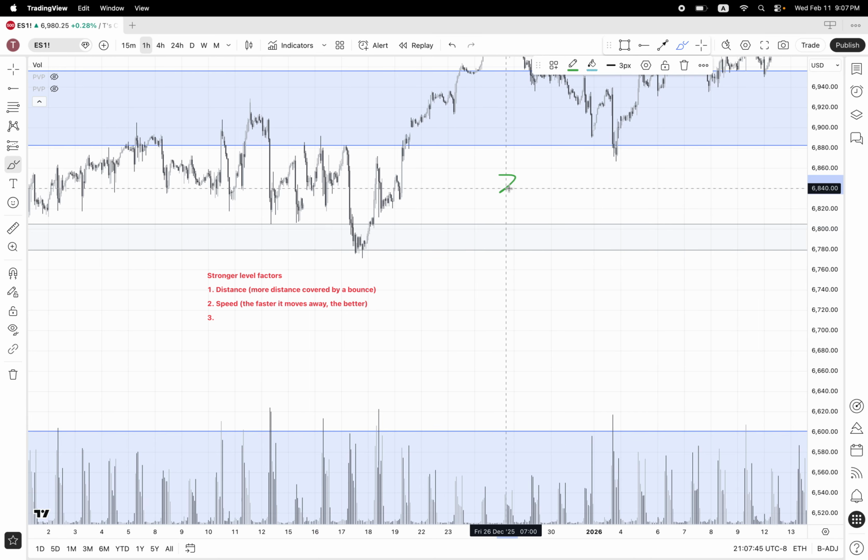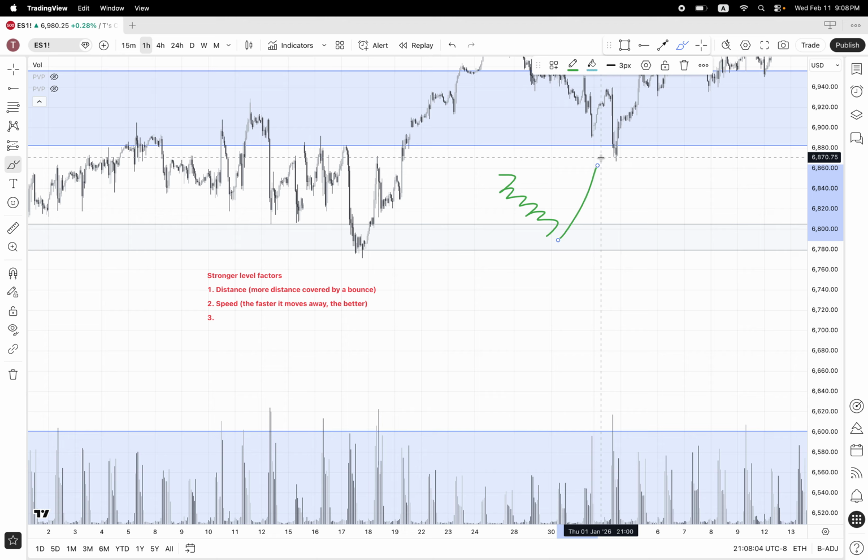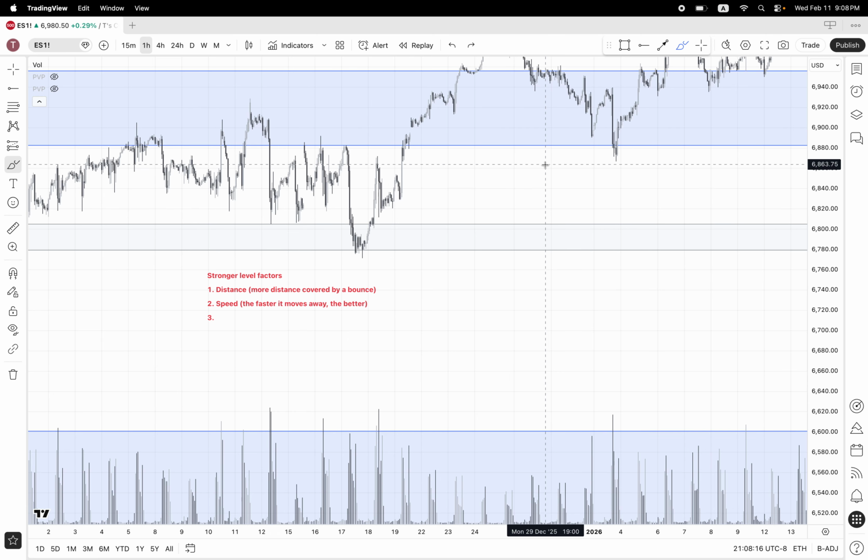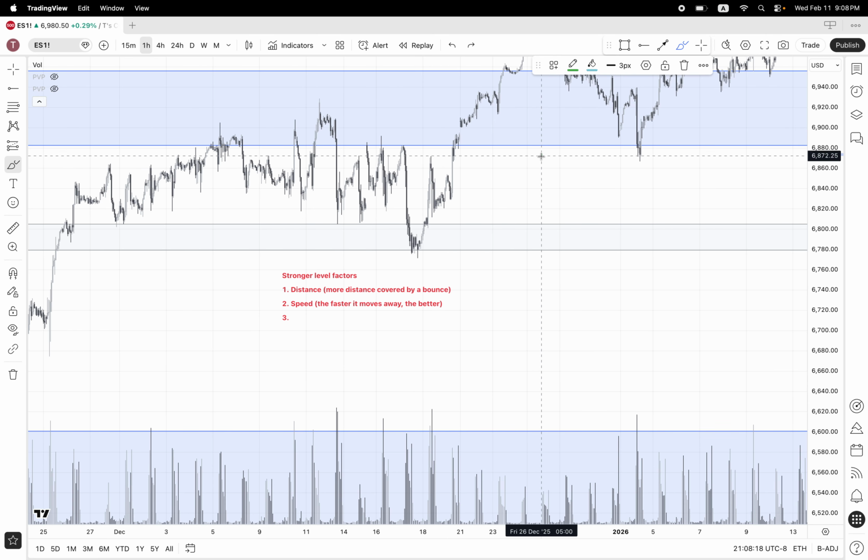If it's just grinding slowly to it, I am less likely to take that trade in the opposite direction, to use that support level and buy long from it and try to catch the upside move, because I've noticed in my experience that when the price is slowly coming to the level, you usually do not get a good bounce. You do get good bounces when the price comes in one swift motion.